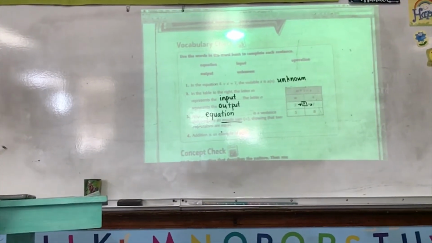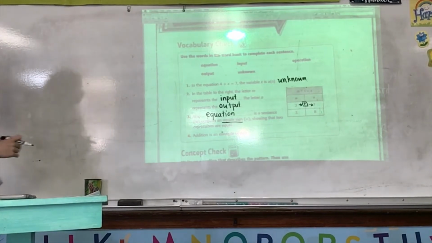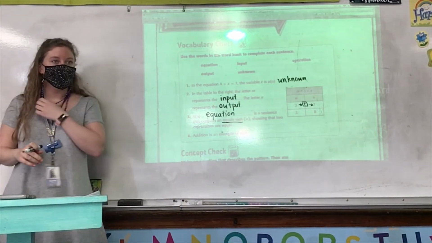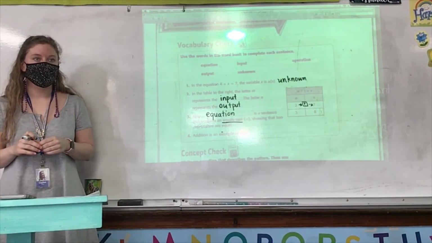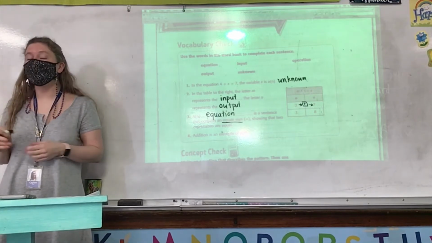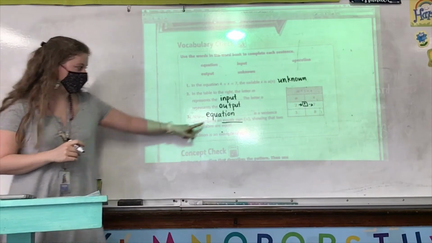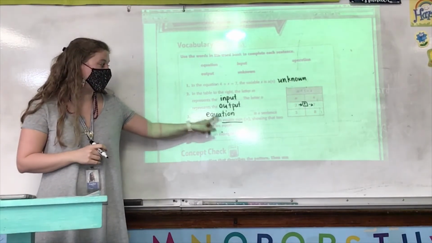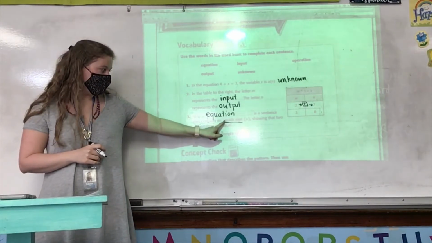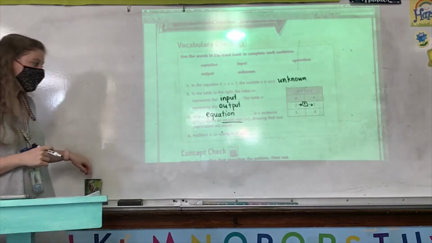Carla, what is the base word of the word equation? The base word of equation is equal. Not equal sign, but equal. We can see EQUA, just like EQUA in equal.